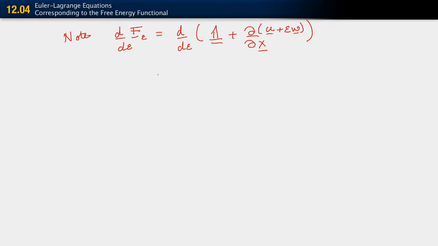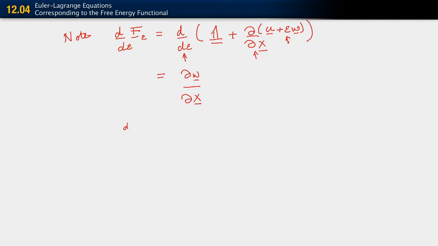When we carry this out and we recognize that the order of derivative with respect to epsilon and derivative with respect to capital X can be interchanged, we get the following. From the first term, we get 0 because the isotropic tensor is a constant. But from the second term, we essentially get the derivative of w with respect to x, simply because it's the only term in there that has epsilon multiplying it. Okay? So we get this as the derivative with respect to epsilon of f epsilon.